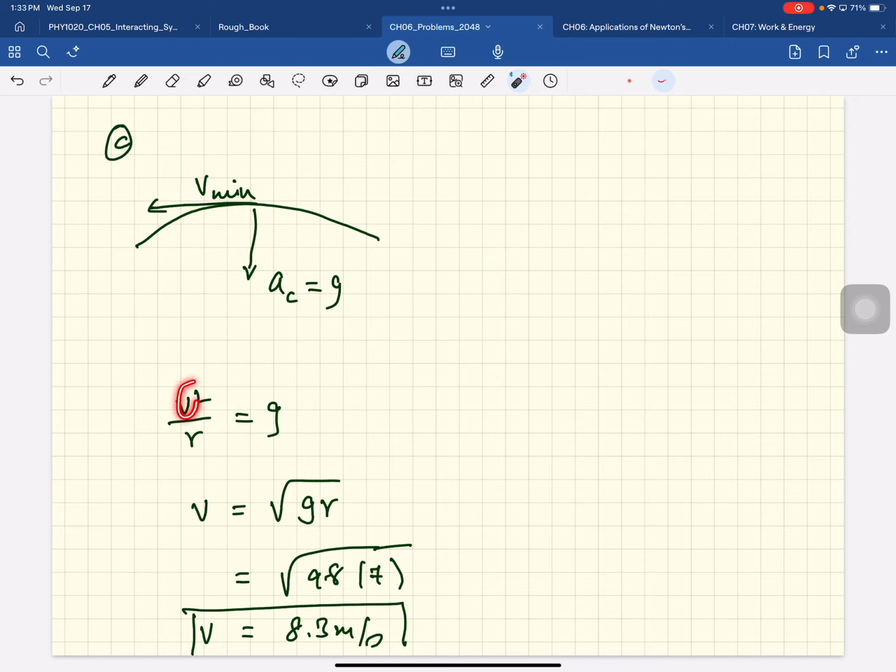If your speed is smaller than that, then the radius will have to decrease because g doesn't go anywhere. So you would go on a trajectory like that, and you would fall off. So this was the minimal speed for this track.